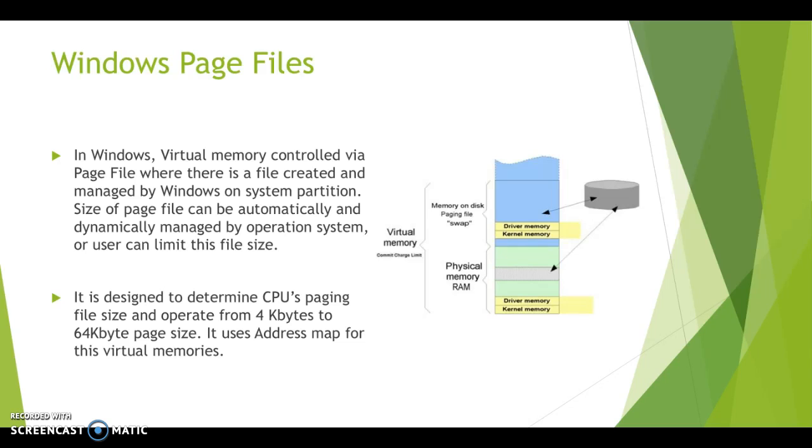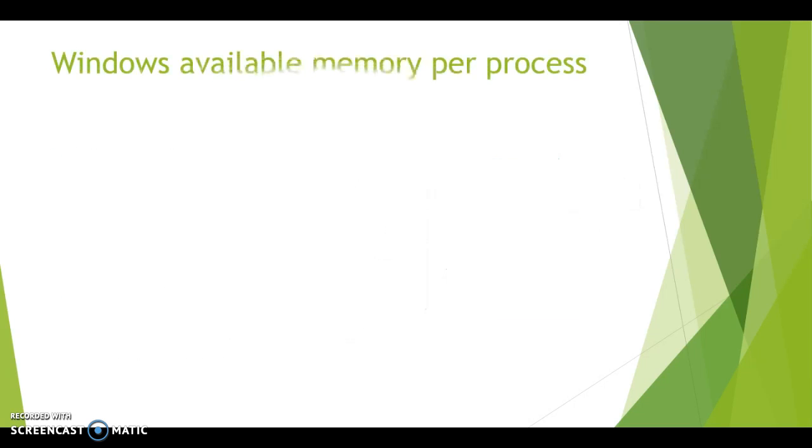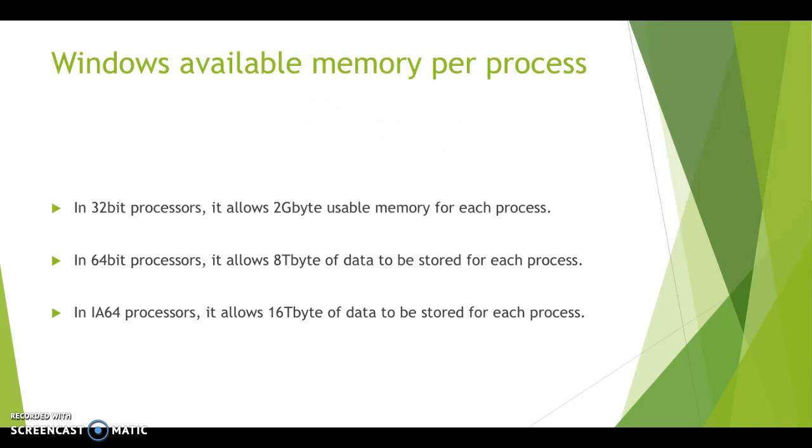It uses an address map for this virtual memory. In 32-bit processors, it allows 2 GB of usable memory per process. In 64-bit processors, it allows 8 TB of data to be stored for each process, and in IA64 processors, it allows 16 TB of data to be stored for each process.